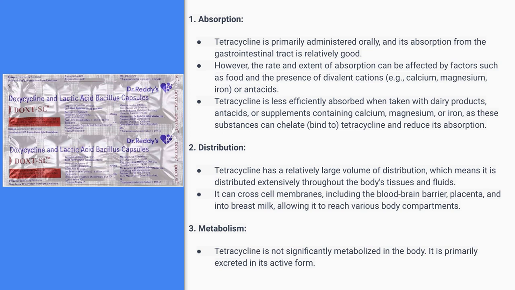Now there are certain things that you need to keep in mind. That is calcium, magnesium, iron. Where are these present? Say calcium tablets are there, and magnesium?